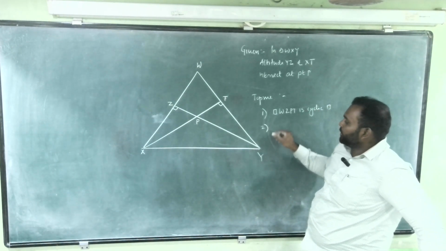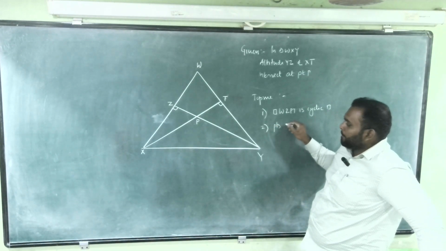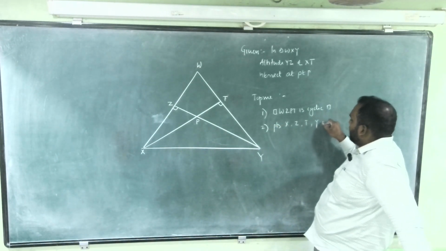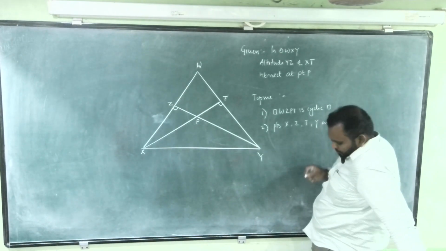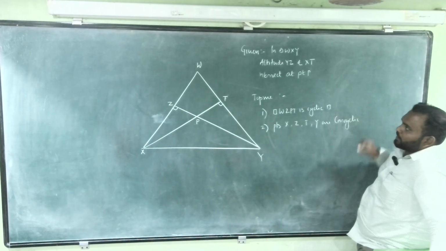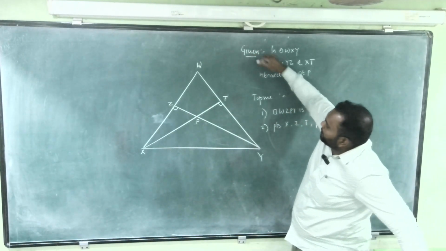Second, you need to prove that points X, Z, T, Y are cyclic, not consecutive. This is what you need to prove.